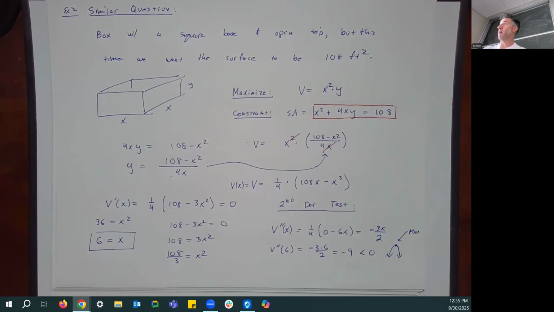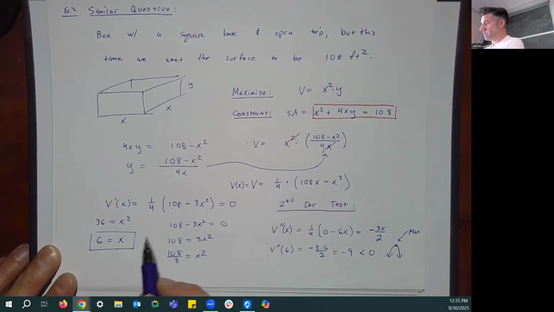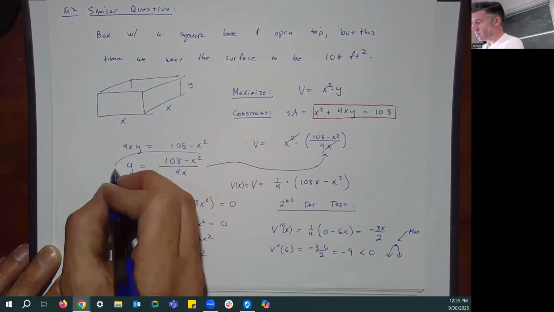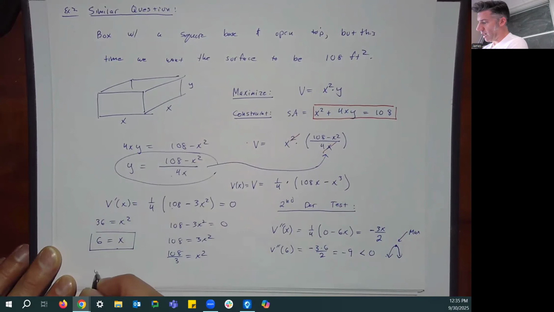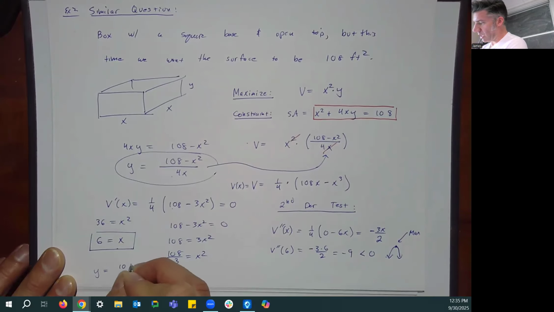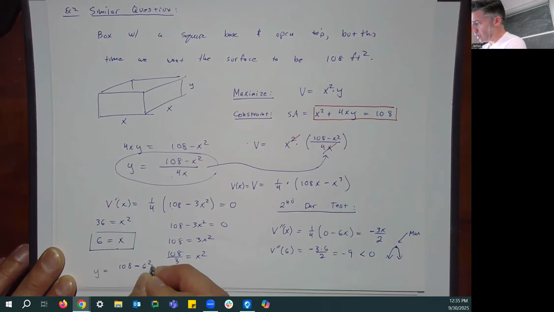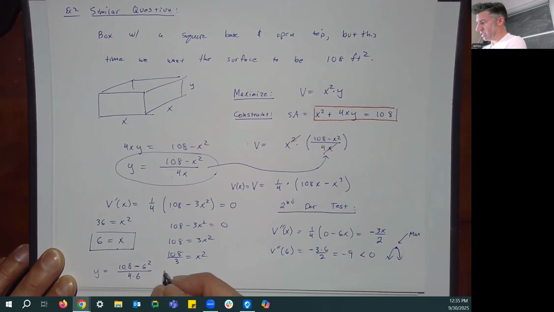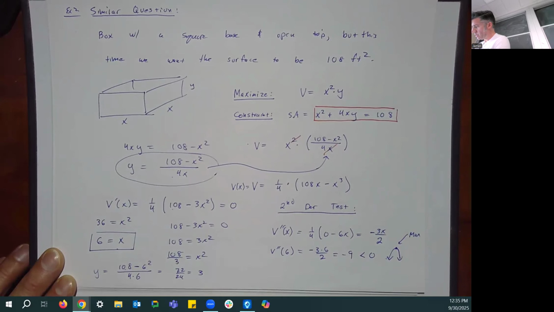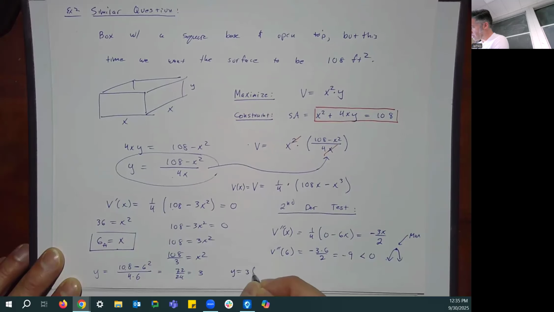We still should find the other dimension. So if x is 6, somewhere right here is where it says what y is equal to. So then we're going to get y equal to 108 minus 6 squared over 4 times 6, which is 108 minus 36 is 72 divided by 24, which is 3. So x is 6 feet, y is 3 feet.